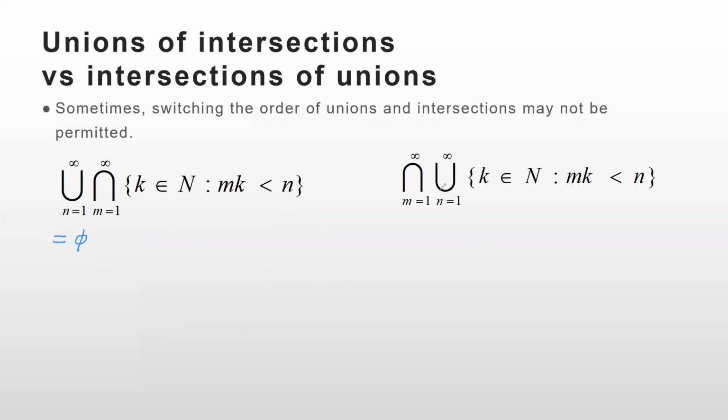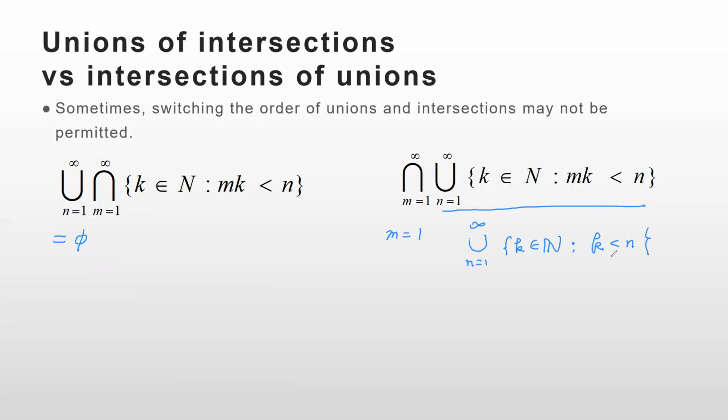Now let's look at the right side. We do the similar thing. Let's fix m. Let's choose m equals 1, maybe simpler. And then we discuss this set, the union over n from 1 to infinity, of k natural numbers, with m equals 1, so k less than n.